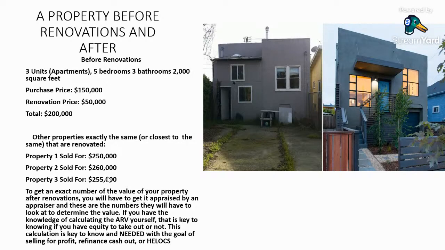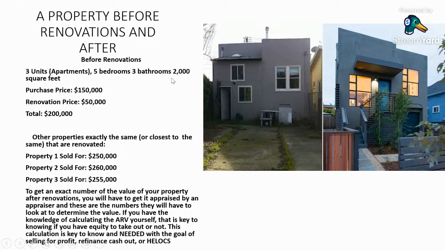So these 3 properties, just an example, let's say we found these 3 properties. This is what they sold for. So now you would say, okay, the one that I have is the same exact one, or very near similar to it. It's 5 bedrooms, 3 bathrooms, 2,000 square footage. All of them are like that. It's just one of them is maybe 1,800 square feet, as you see here, the one we're looking at is 2,000.